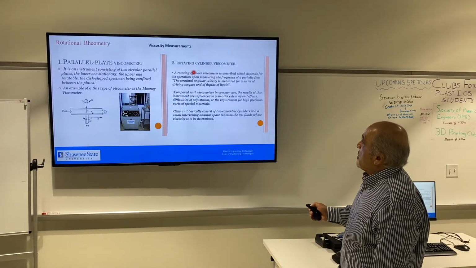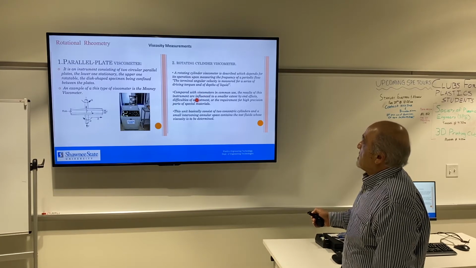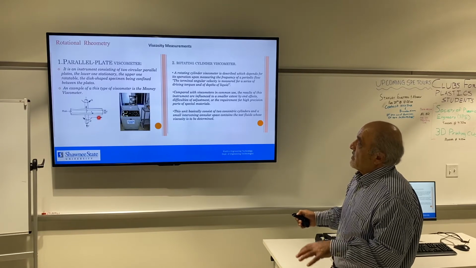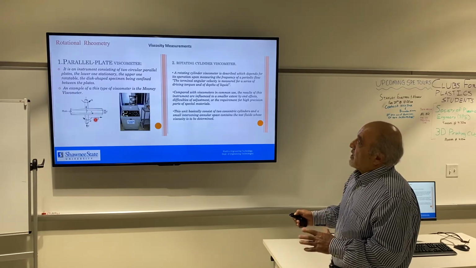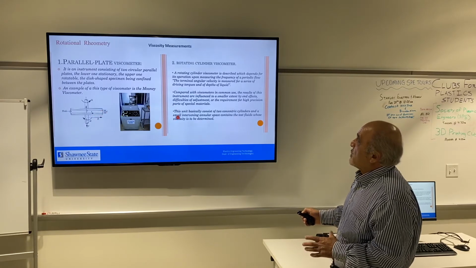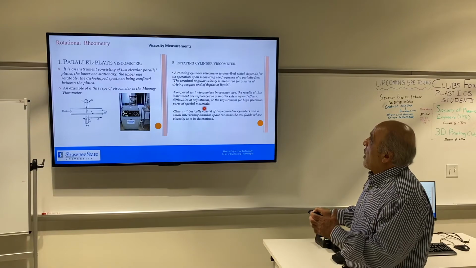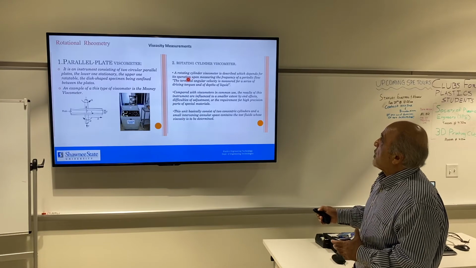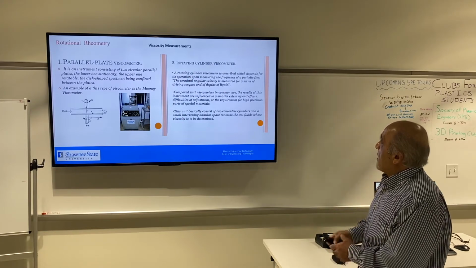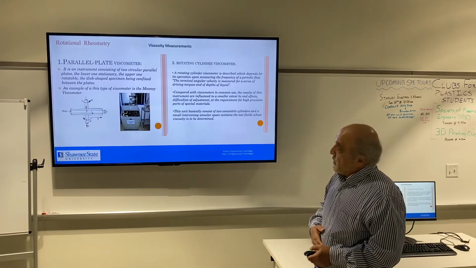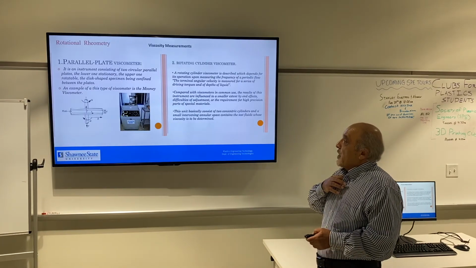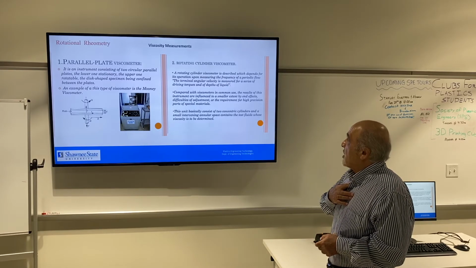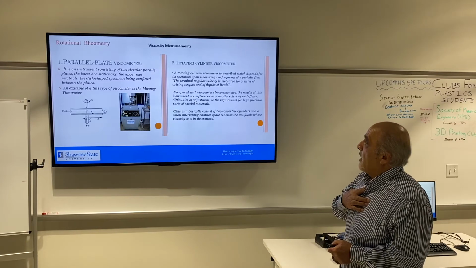Sometimes, instead of plates, you have two cylinders inside each other. One is stationary, another one is rotating, and your material is between the two cylinders. This is another concept; they call it rotating cylindrical viscometry. So there are different types of setup that we can have to measure dynamic polymer properties like shear stress, shear rate, and viscosity.